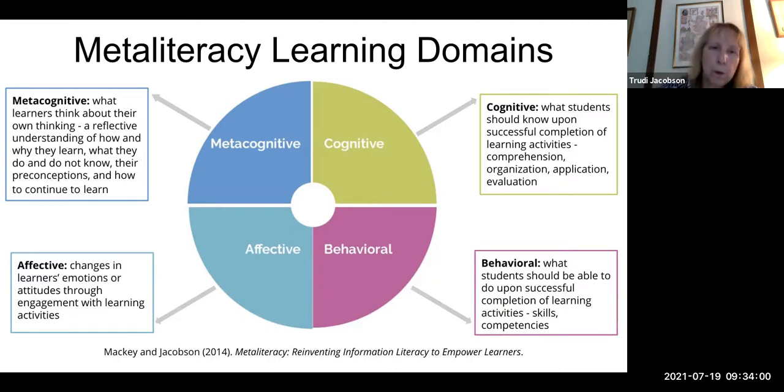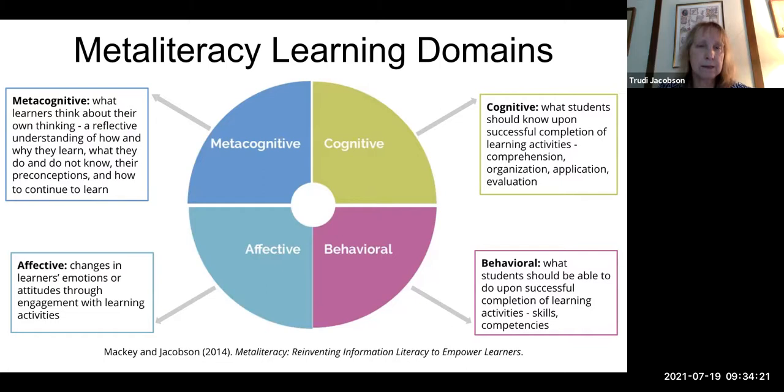So we feel that the metacognitive, that reflection upon your learning, reflecting upon what you know and what you need to continue to learn, and the affective, sort of how you feel about the learning or the content of what you're learning, are really truly important.